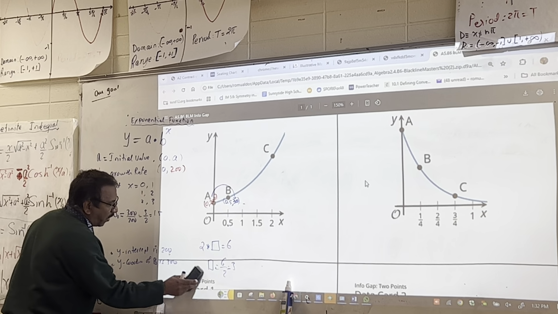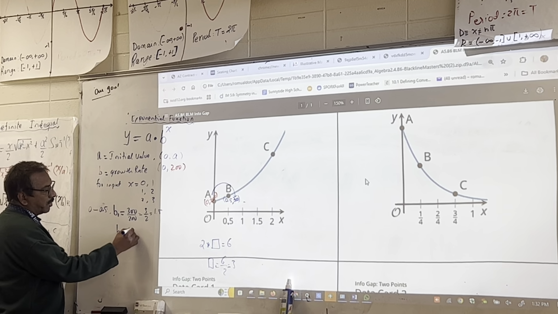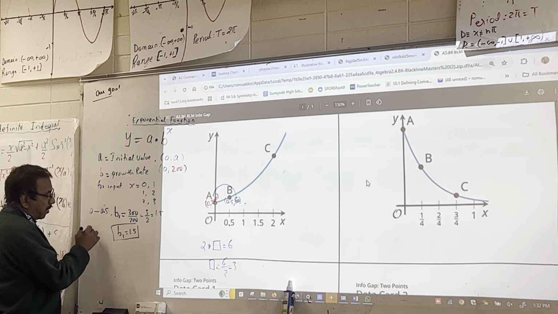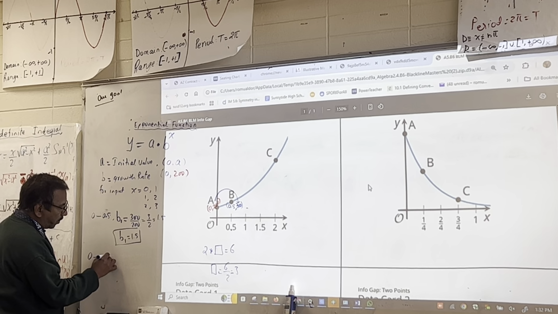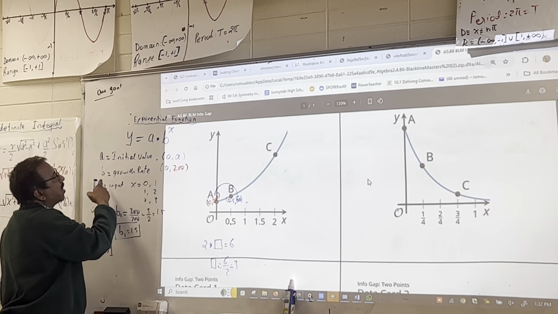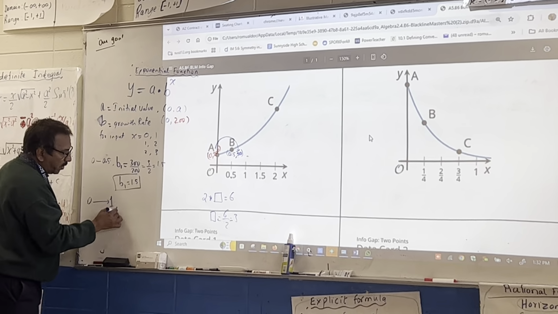Now this is only for this B1, the growth factor we got, for 0 to 0.5. But we need to know from 0 to 1. So we want to know this B. This B is different. So how do we find this B?